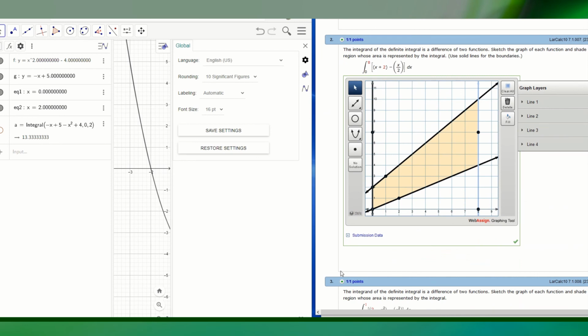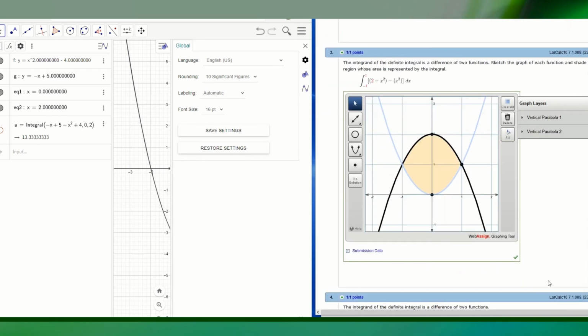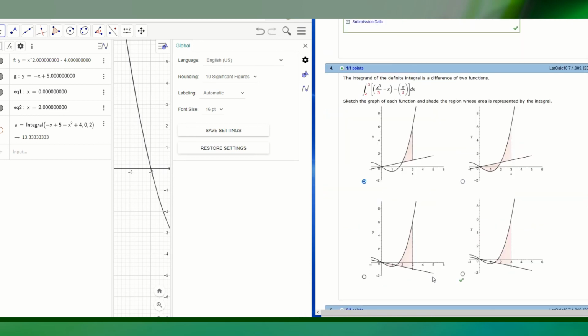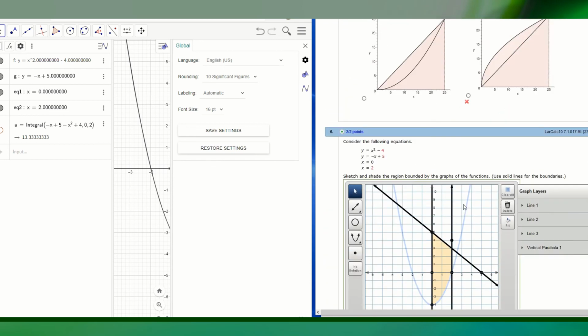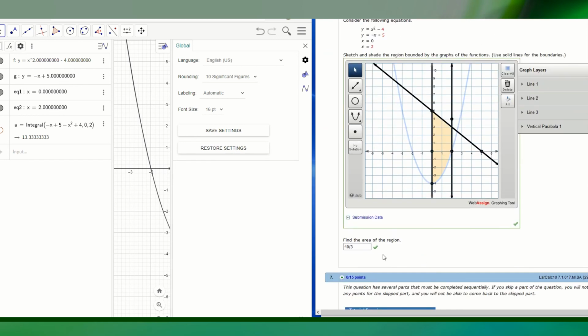So let me see. Yes, the second one was correct. See, the third one was correct. We did second, third. We did the fourth one, and we also did number 6. They are all correct. So please utilize this video and see whether you are able to complete your homework.